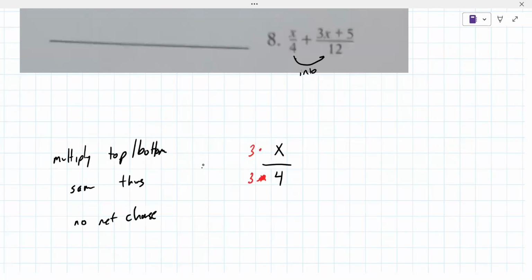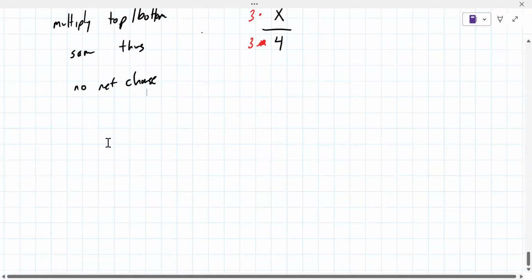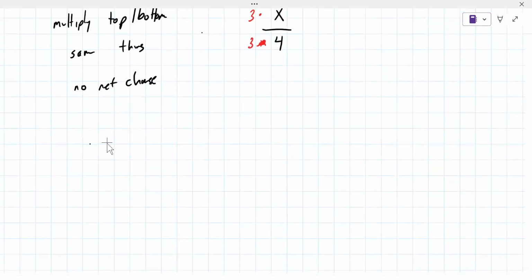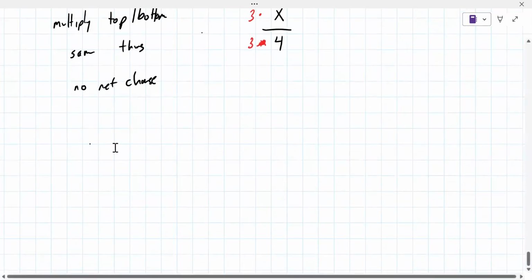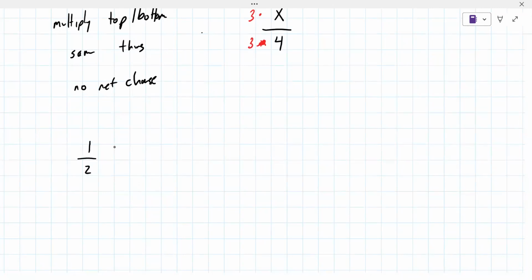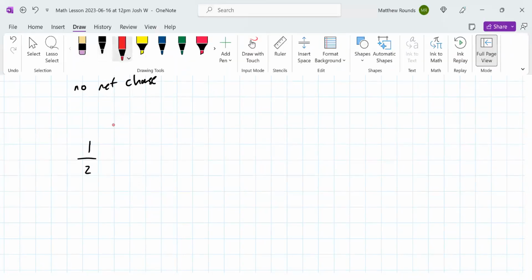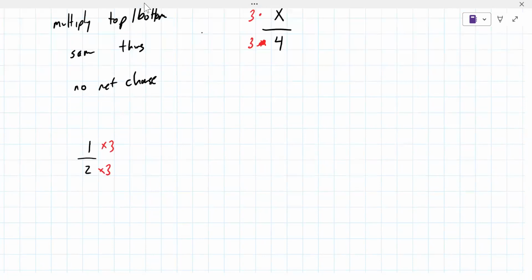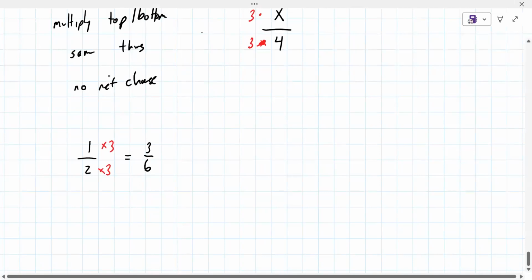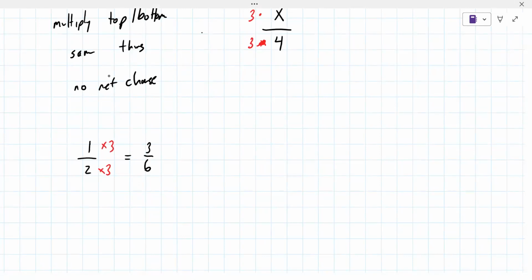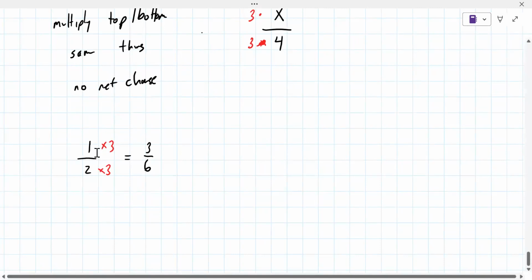Let me give you a quick example of that. Let's look at a fraction like 1/2. If you multiply the top and bottom by 3, that is 3 over 6. Is that still 1/2? I would say it's not 1/2, but it can become 1/2.